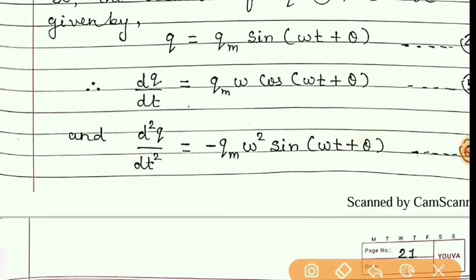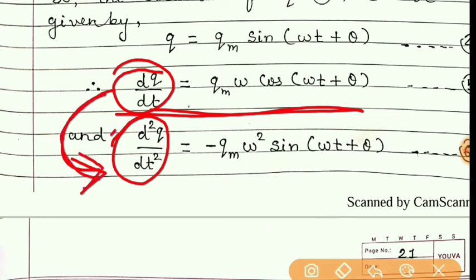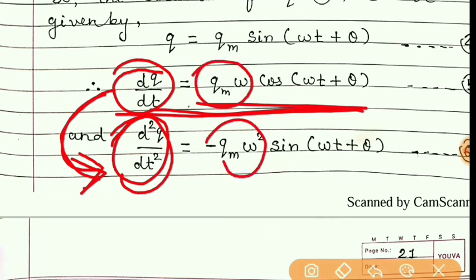Once again differentiating this equation with respect to time, we get on the left side d square q upon dt square. This is first order, and then we differentiate a second time, then it will be second order. So we have differentiated on the left side, we got this equation, and on the right hand side this qm into omega is constant, and differentiation of cos is minus sine.